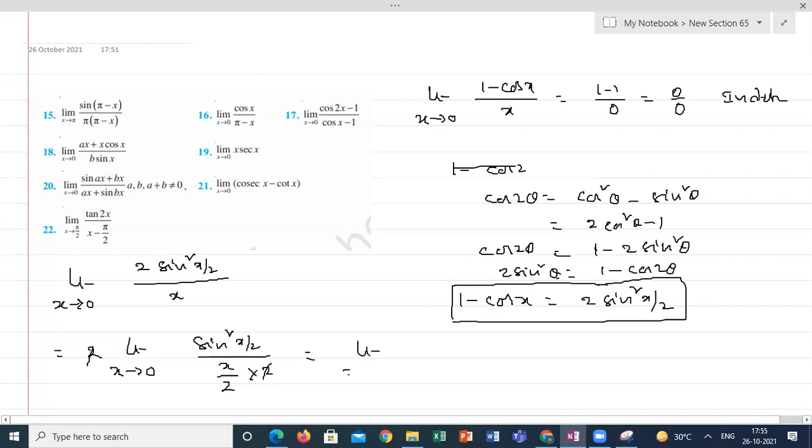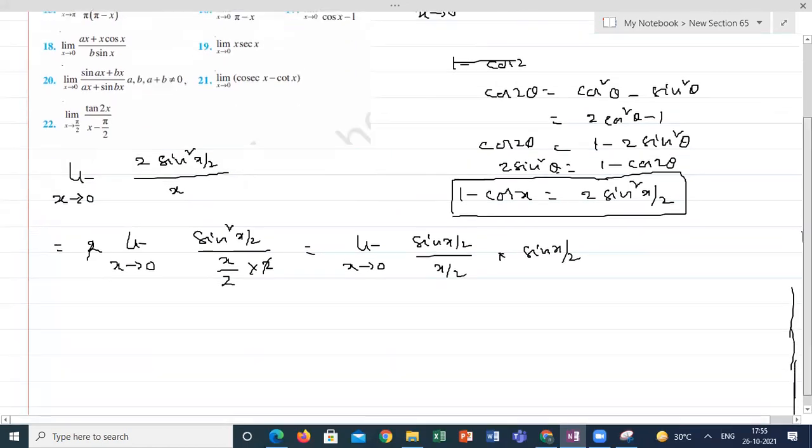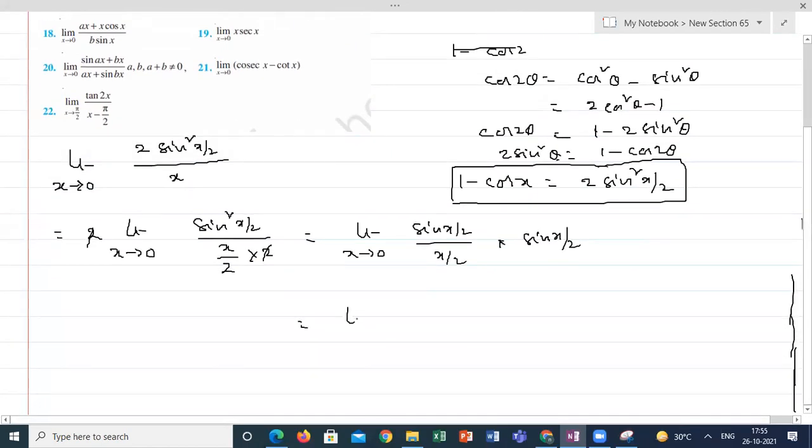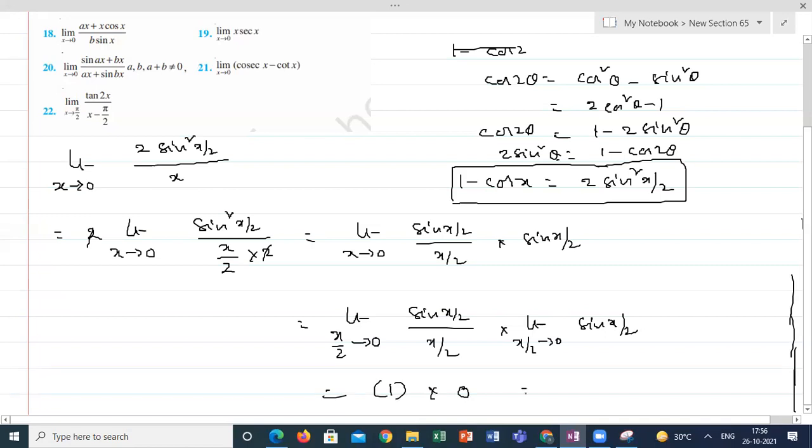So I'm getting limit x tends to 0, sin x by 2 divided by x by 2, into sin x by 2. According to the algebra of limits, I can split the limits into two forms. Limit x by 2 tends to 0, sin x by 2 divided by x by 2, into limit x by 2 tends to 0, sin x by 2. This answer is 1. This answer is 0. The final answer is 0. Hope you are clear now.